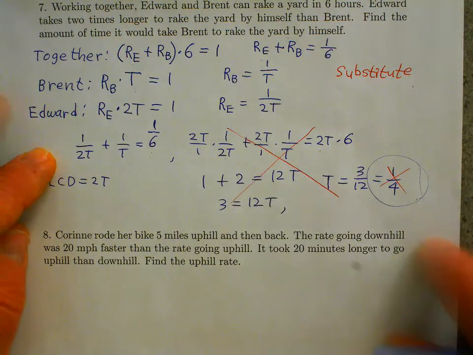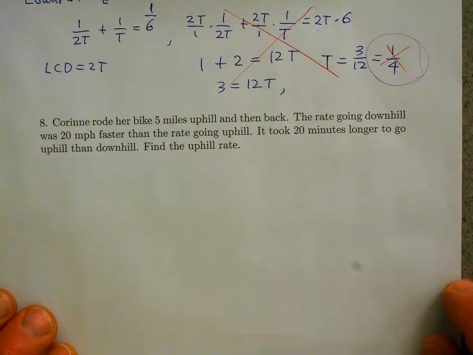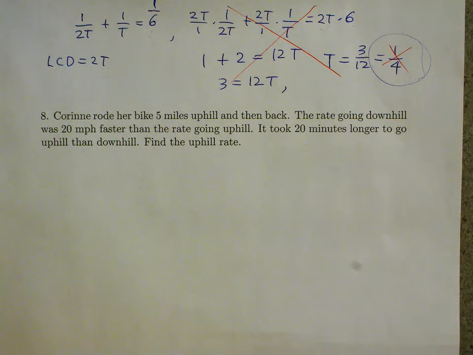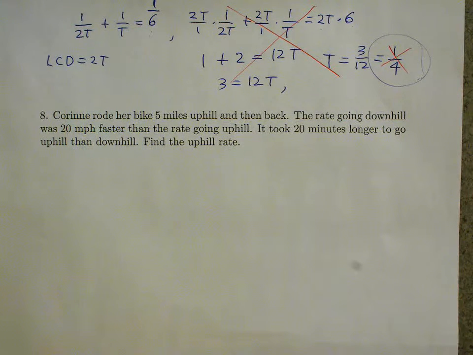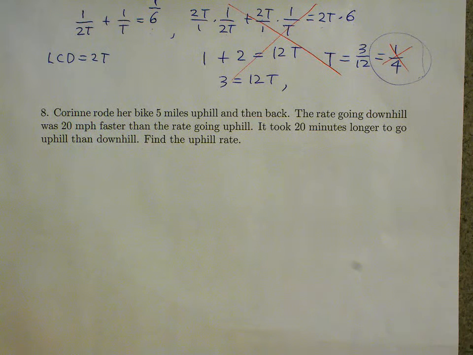Okay, so let's go back to number 8. Corinne rode her bike 5 miles uphill and then back. So that means 5 miles uphill and then 5 miles back. The rate going downhill was 20 miles per hour faster than the rate going uphill, and it took 20 minutes longer to go uphill than downhill.